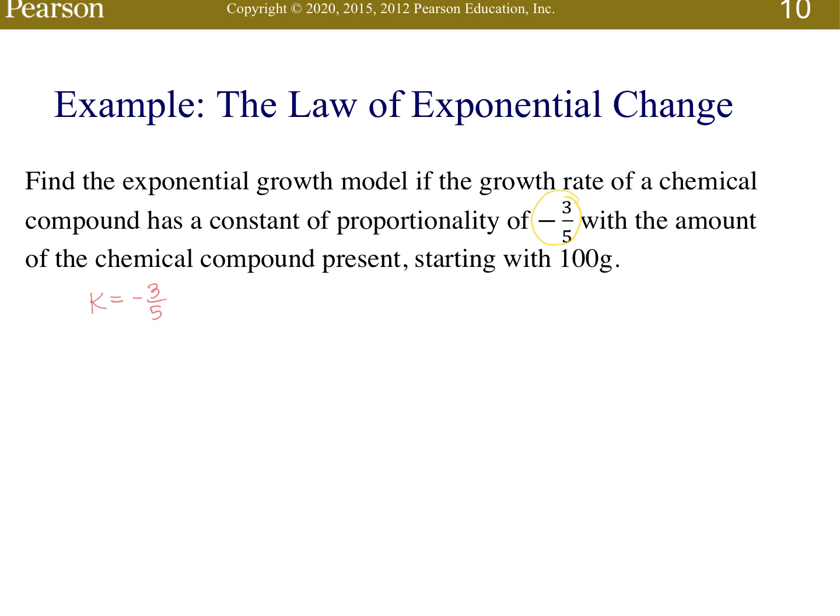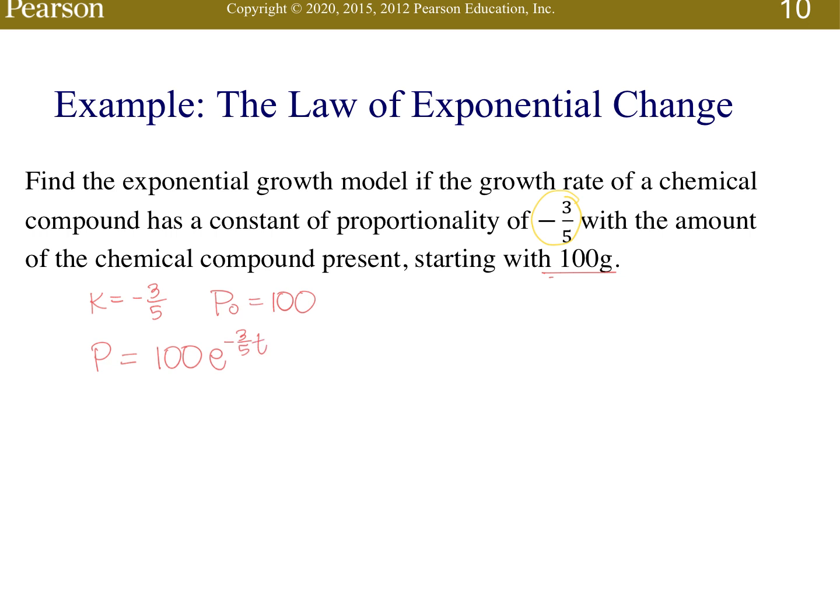We also know that the chemical compound that's present starts with 100 grams, so P sub 0 equals 100 grams. So we can write an exponential growth model: the amount of the chemical compound is equal to the initial amount times e to the negative 3/5 of t.